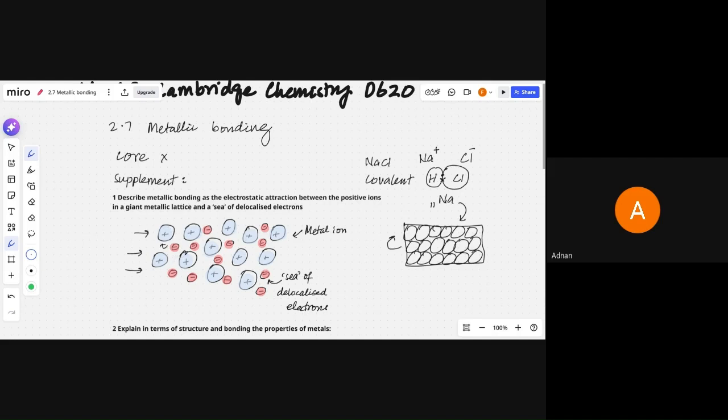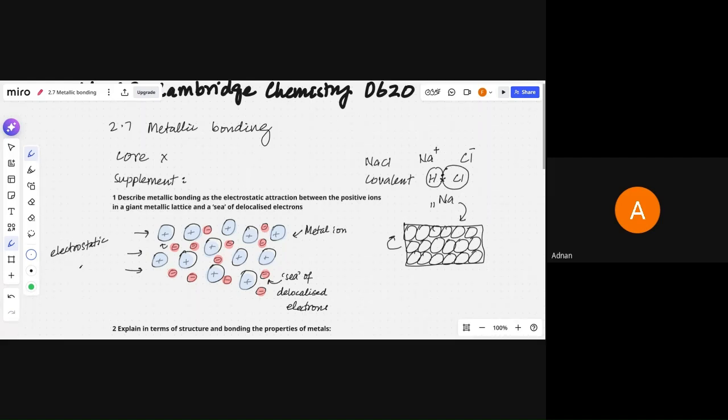The electrons in the outer shell of metal atoms are delocalized, and they are free to move through the whole structure. This is how they start attracting each other, and the force of attraction between them is called electrostatic force of attraction.